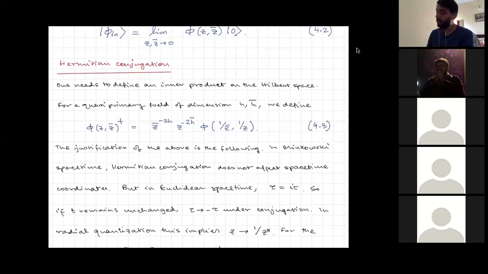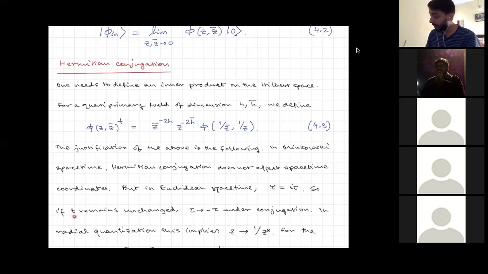In usual Minkowski spacetimes, Hermitian conjugation of fields does not affect the spacetime coordinates themselves. So t is going to stay as t, x is going to be x. But remember that when you're in Euclidean spacetimes, tau is actually it.